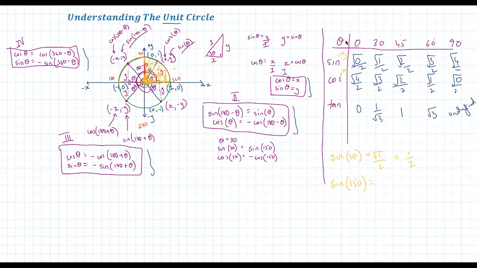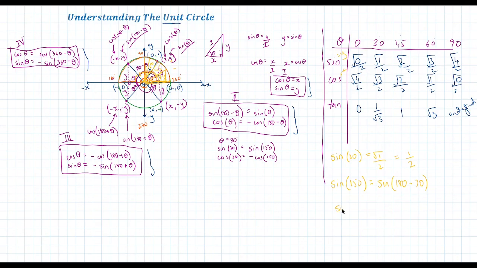Great. Now say for example we want to find what is sine 150. Now 150 degrees isn't on our table, but we know that sine 150 is, so 150 degrees is this. If this is 150, this here is 30 degrees. So we can write this as sine of 180 minus 30. And we know from our second quadrant that sine of 180 minus an angle is the same as sine of that angle.